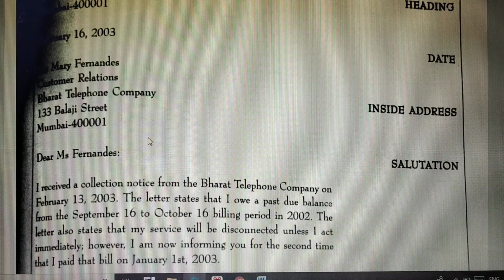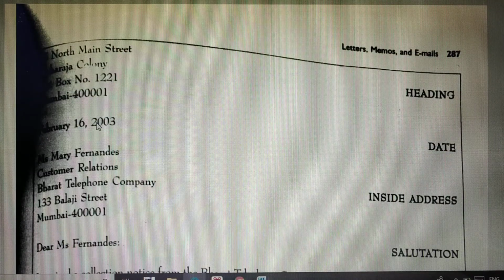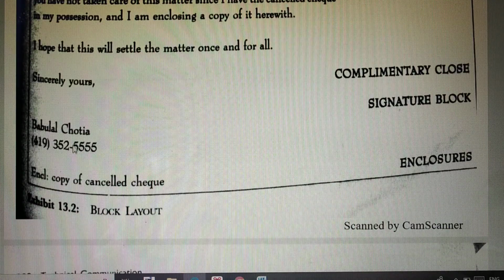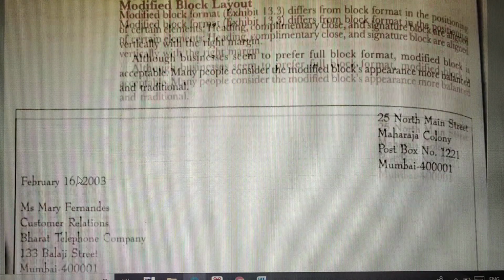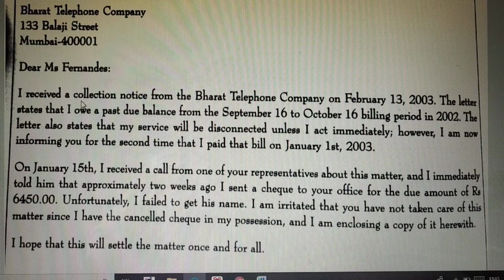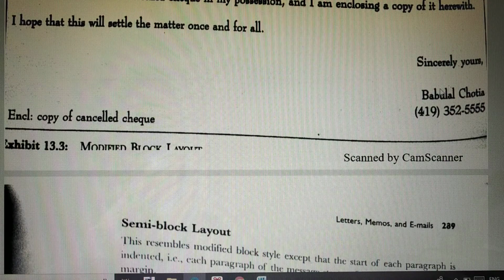Block layout means everything is aligned in front order: sender's address, date, receiver's address, salutation, main body, complementary clause, everything is in alignment to the left side of the page.